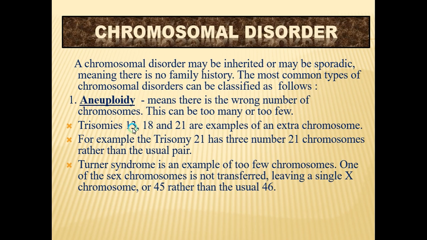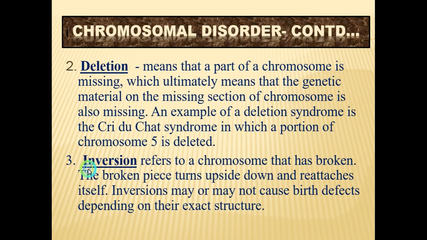Trisomies are examples of extra chromosomes. Trisomy 13 means the 13th chromosome will have a third copy, similarly 18 and 21. And in Turner syndrome they are fewer: instead of 46, it is 45.